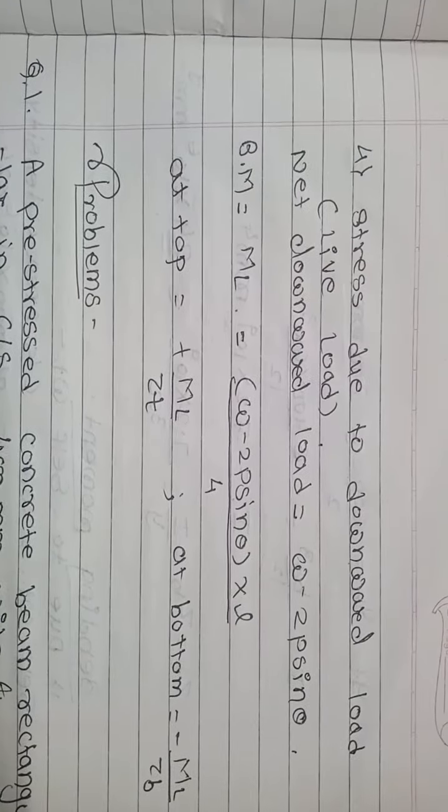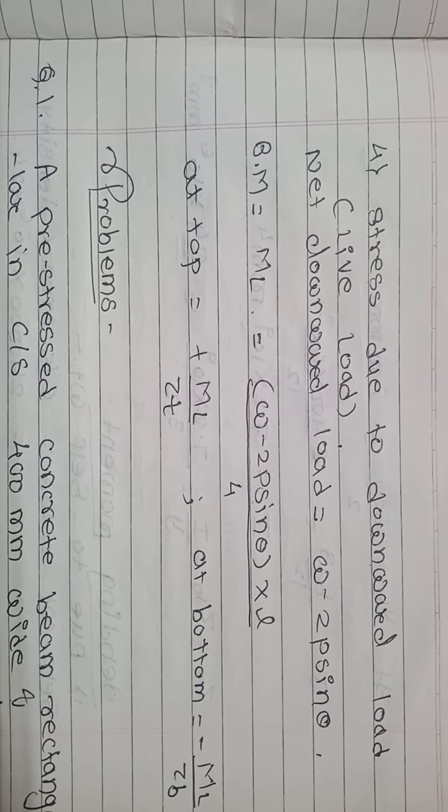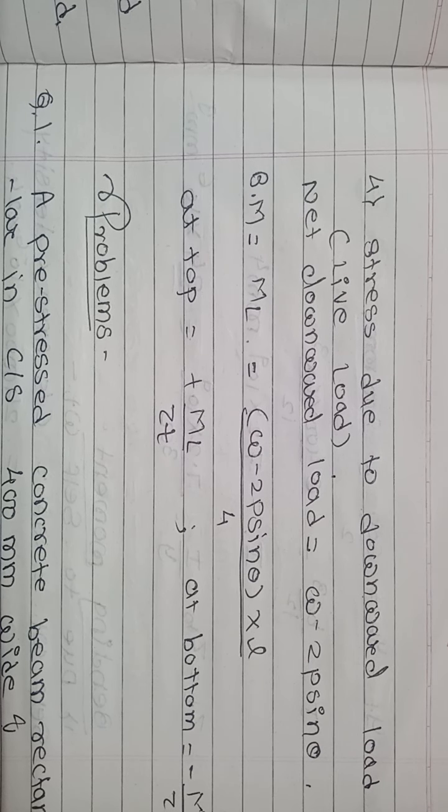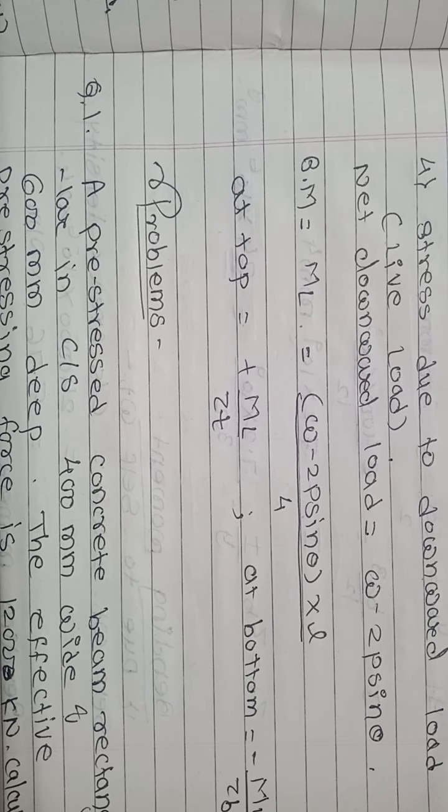Now the fourth point is stress due to downward load, that is live load. Net downward load is equal to W minus 2P sin theta, and the bending moment due to live load is W minus 2P sin theta into L divided by 4.